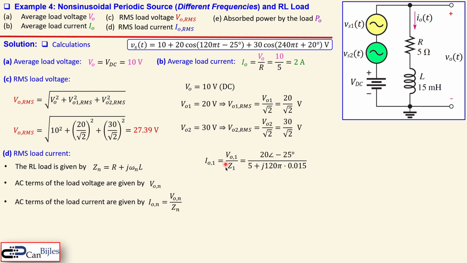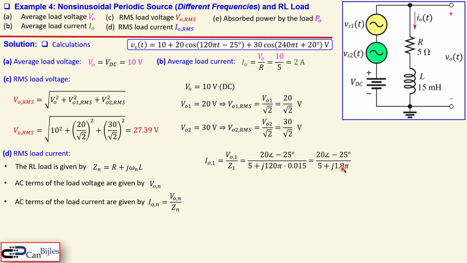And that will be divided by the impedance Z1, because n is 1, and the resistor is 5, plus j omega 1, which will be 120 pi, you see that here, times the L, which was 15 millihenry, or 0.015. So that's all shown here. And the next step is, in order to calculate this, we need to have the Z1 also in the phasor notation as we have in the V01. So you go to this expression, so you can just simplify this.